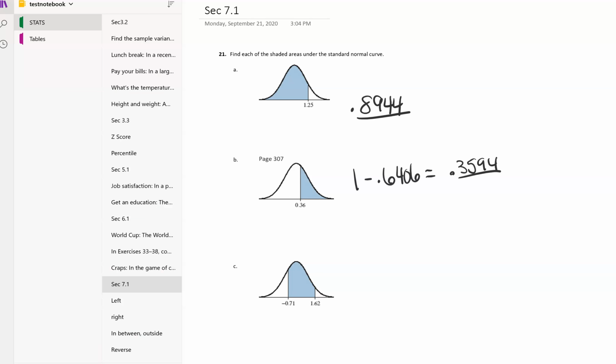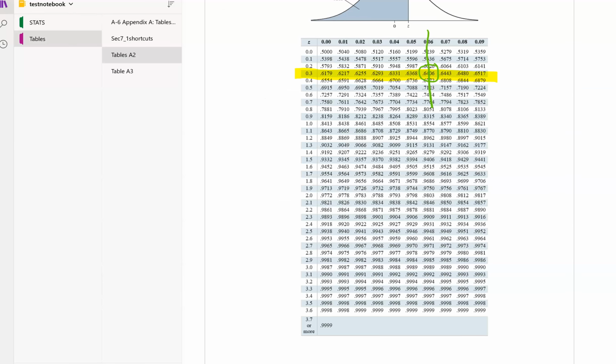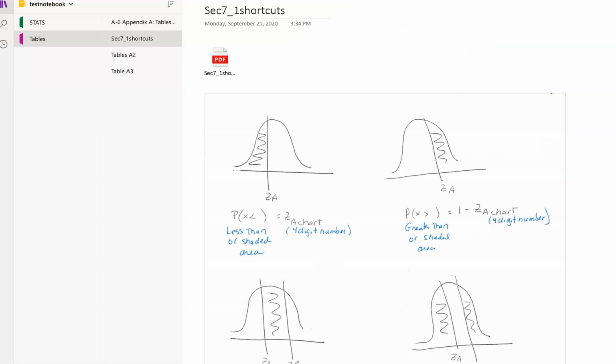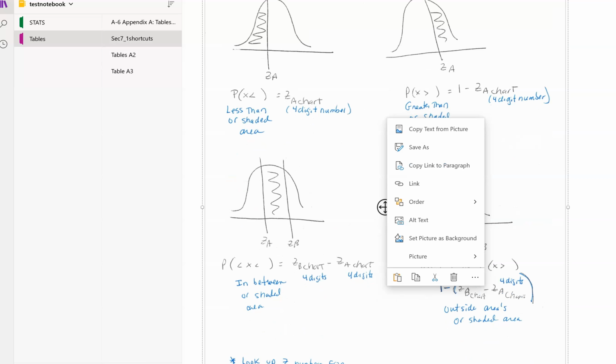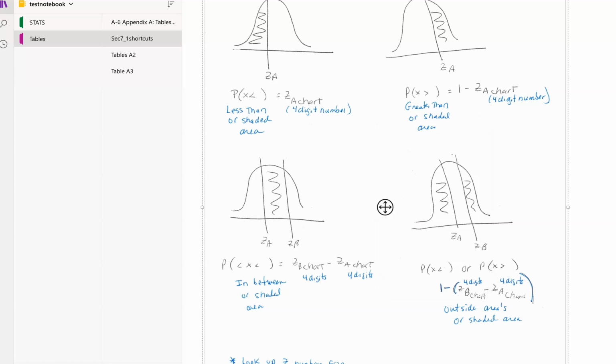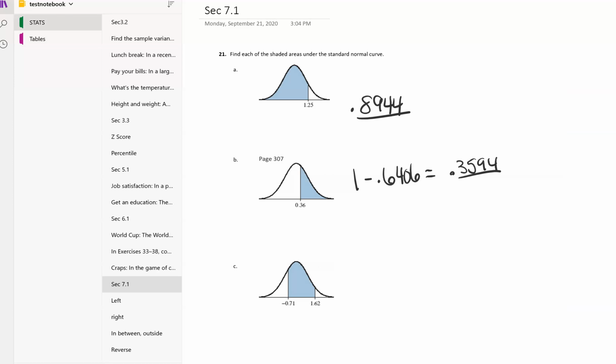All right, the next one is an in-between. I go to my shortcuts, and here's an in-between right here. So I look up one of them, I look up the next one, and then I subtract them, the bigger number minus the smaller number. So now I go back and I want to look up 1.62.